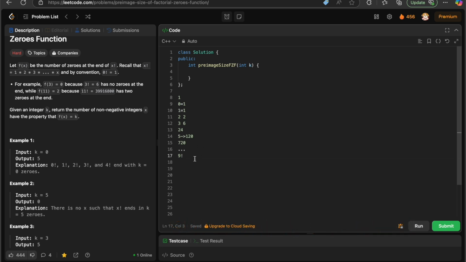Here from 5 to 9, it contains one zero. So for k equal to 1, the answer will be 5, which is 5, 6, 7, 8 and 9. One observation is that the answer can only be either 5 or 0. Because if there does not exist any number whose factorial has k trailing zeros, the answer will be 0, else the answer will be 5.